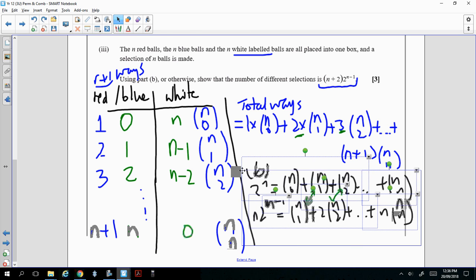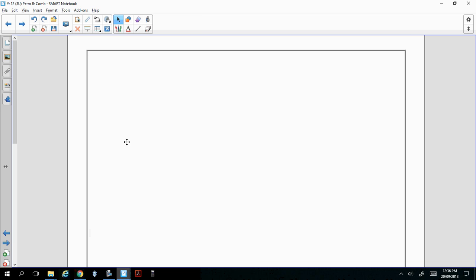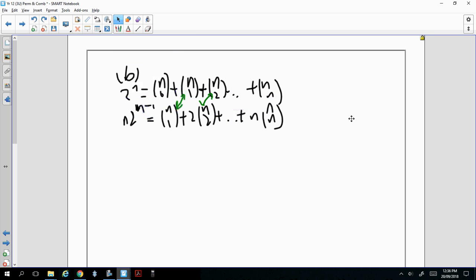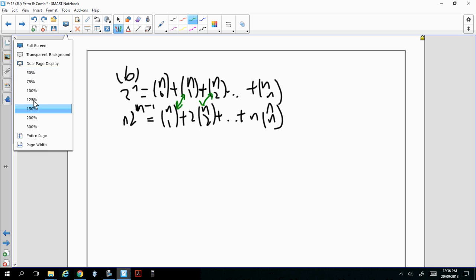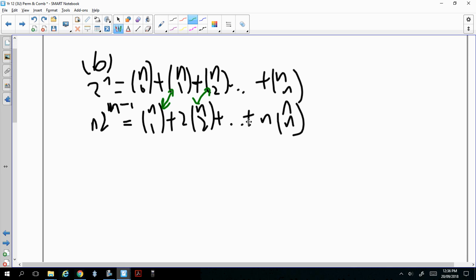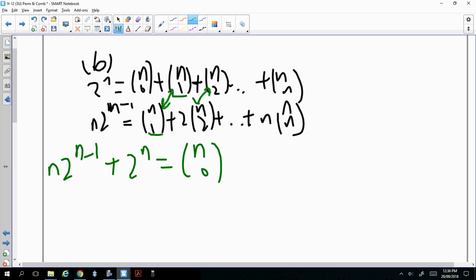So how do we add them? It's pretty simple. Let's add them. We get n times 2 to the power n minus 1 plus 2 to the power n equals nC0 plus, remember, these two become 2 lots of nC1, 3 lots of nC2, plus dot dot dot. That will be n plus 1 nCn, because there's an n, there's a 1, and nCn. Right? This is what we want. This is the total number of ways, isn't it? And then we have to simplify this.